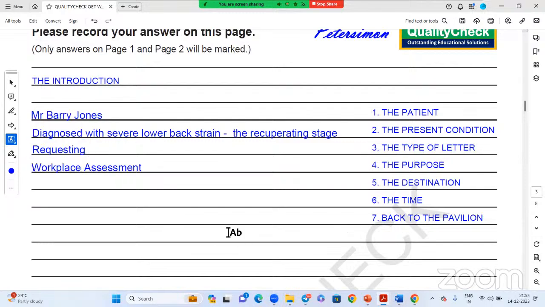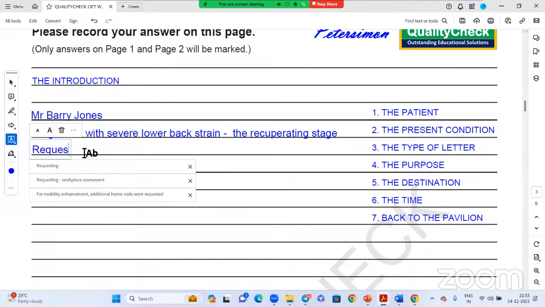So you are requesting him for workplace assessment. The type of letter is just a request. Okay, normal letter request. So you can think like that and you can write. The type of letter: assessment or evaluation or examination, to find out do's and don'ts, what he should do and what he should not do.